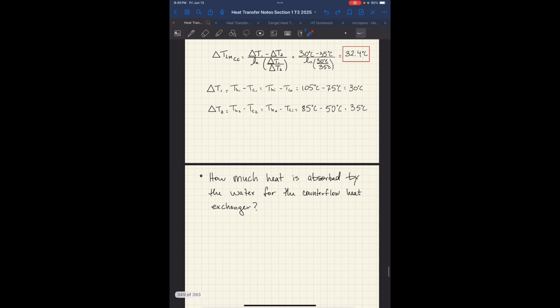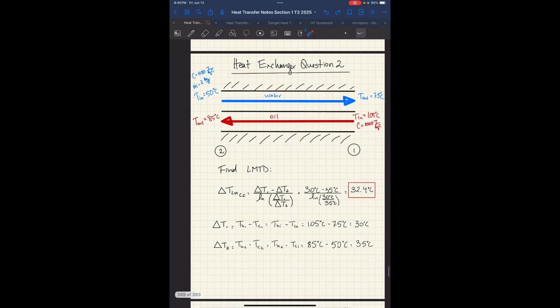Follow-up question was how much heat is absorbed by the water for the counterflow heat exchanger. So you have one of three options to find Q, right? You either have Q equals UA delta T log mean for a counterflow, or you could use your m dot Cp for the cold fluid, or m dot Cp for the hot fluid, right?